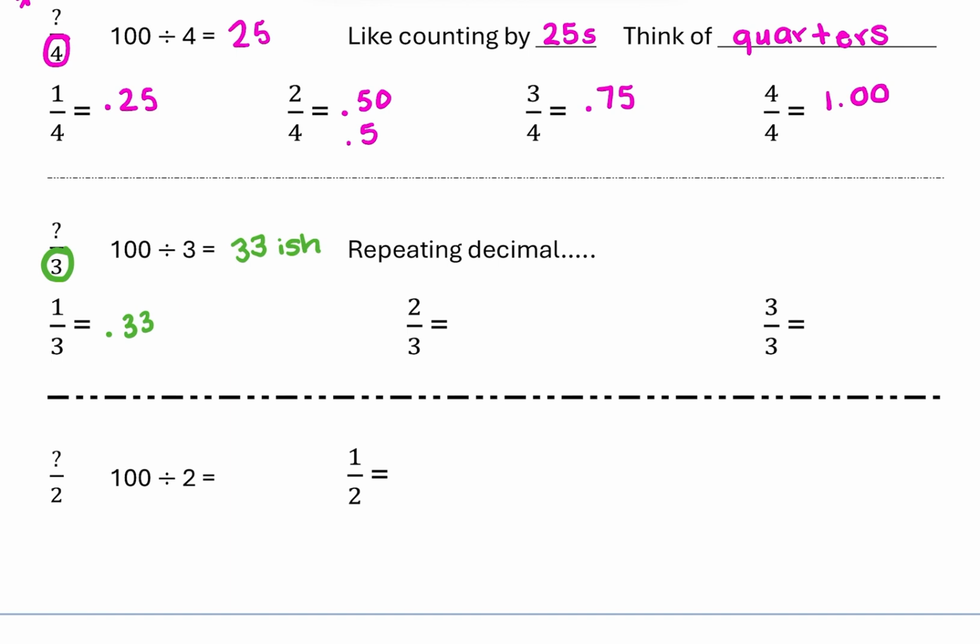But remember, we can stop like money and just put that line over the top. So 0.33. So 2/3 would be like 2 33s. So 33 plus 33 would be 66. So 0.6, you could go on and on and on, but we are not going to. We can just put that line over the top. And then lastly, 3/3 would be 1 whole, or just 1. Okay, so that one's our repeating one.